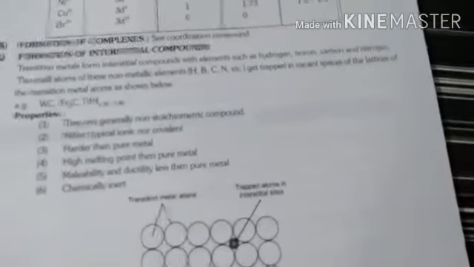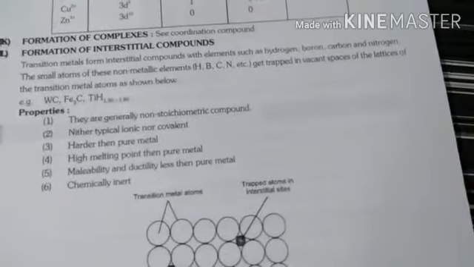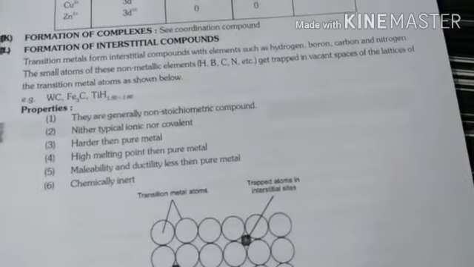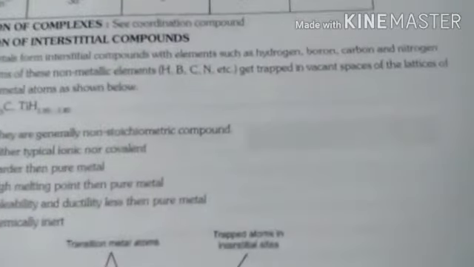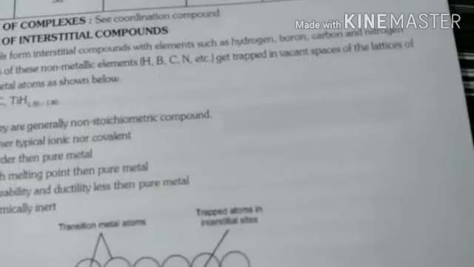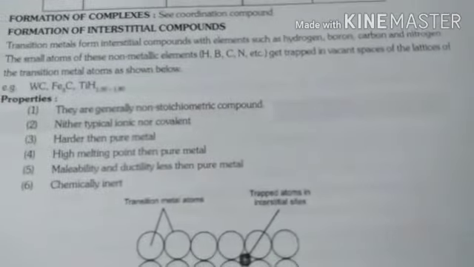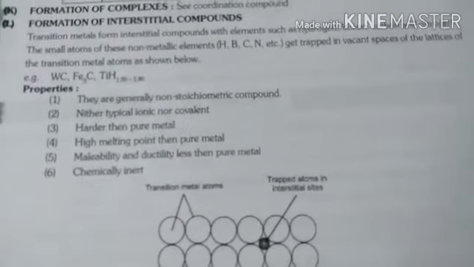The small atoms of these non-metallic elements such as hydrogen, boron, carbon, nitrogen, etc. get trapped in vacant spaces of the lattices of the transition metal atoms as shown below.